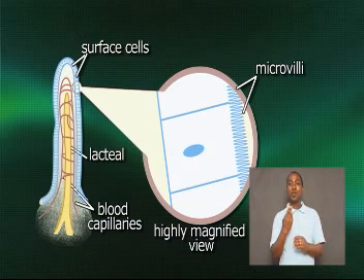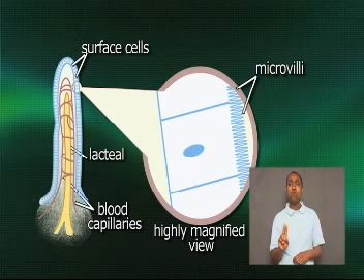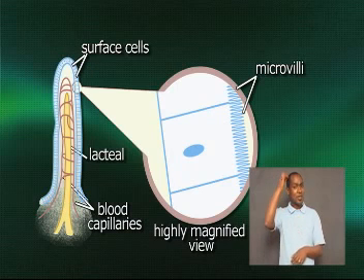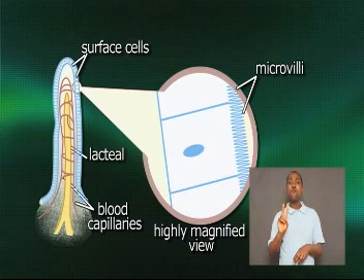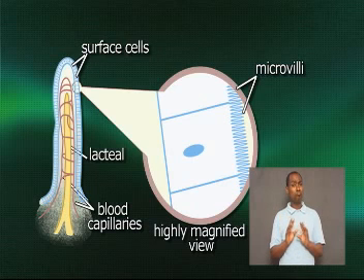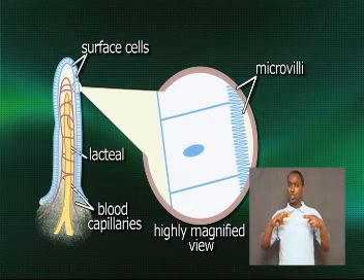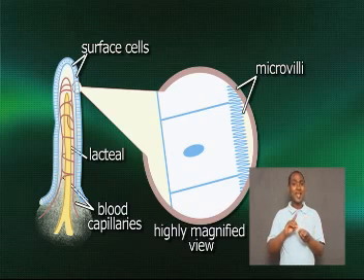Each villus is covered by an even smaller finger-like hair called a microvillus to enhance the process even more. Villi have a rich blood supply that transports the digested food molecules and maintains diffusion.